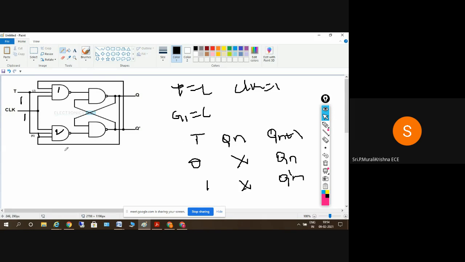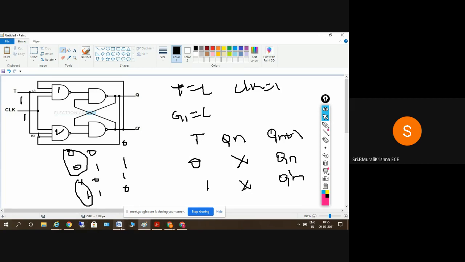So this is the elaborated truth table. For T equal to 0, it is the same Q of n value, so Q of n is 0 and 1. When T is equal to 1, we get the toggle of Q of n, which is 1 0. So that will be the truth table.